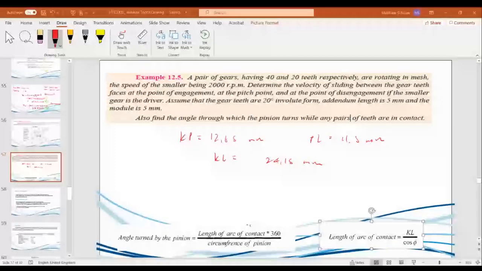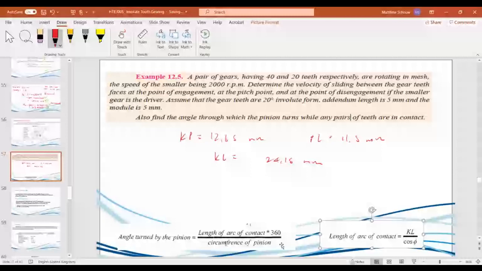So let's work out the length of our arc of contact. That's going to be AOC. We've got KL to be 24.15 cos 20, and we get 699.